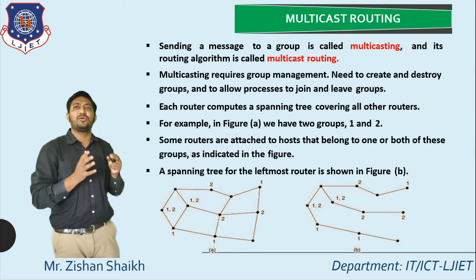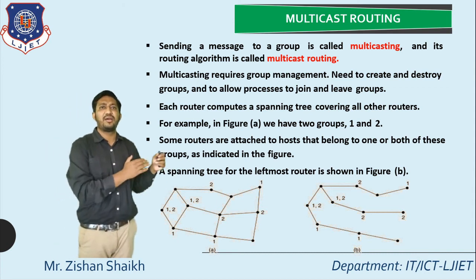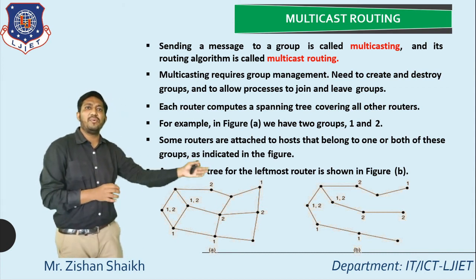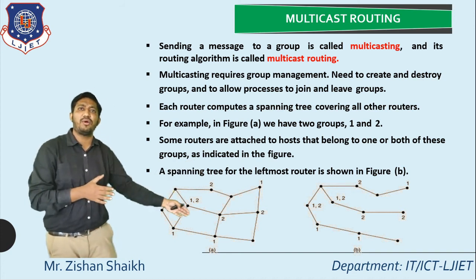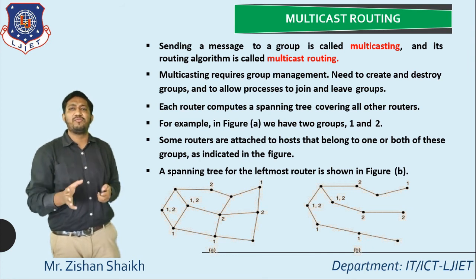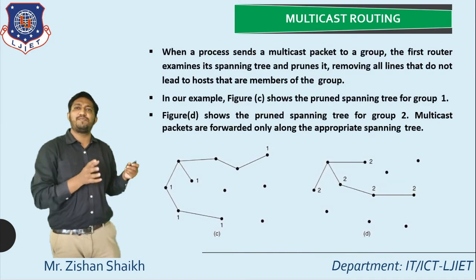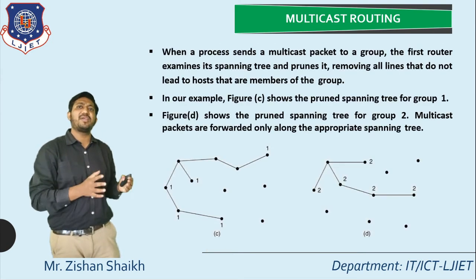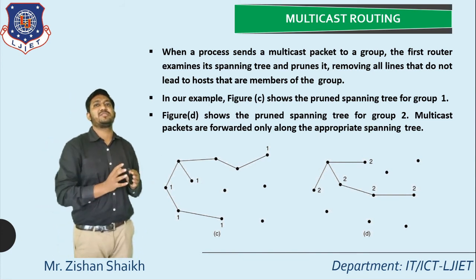After creating the groups, we manage all of that, and the trees are created here. Our second figure shows the spanning tree for the leftmost router. For both groups, we create the spanning tree, and after creating the final spanning tree, we flood the messages.